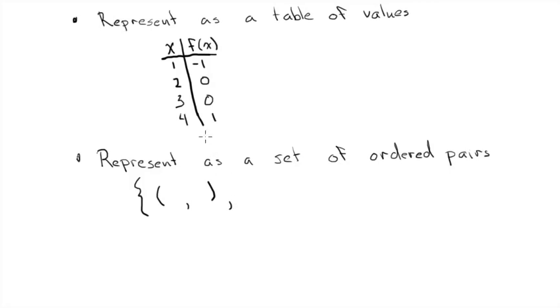Now, usually, always, the first number in your ordered pair will be your independent variable, or your x variable, if you want to think of it. And your second one will be your dependent variable.